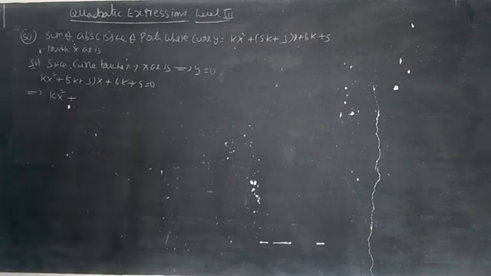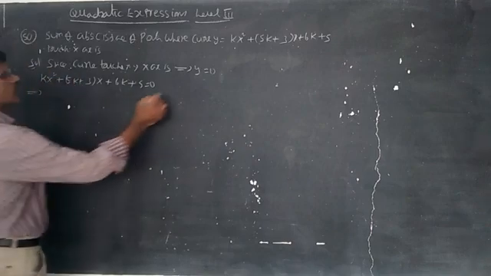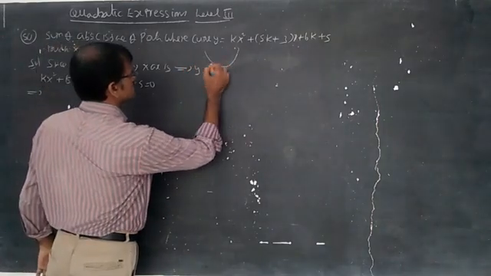He is discussing the sum of abscissas of the points where the curve touches the x-axis. So if the curve is touching the x-axis, y is equal to 0, and the roots are equal. Then only the curve touches the x-axis.